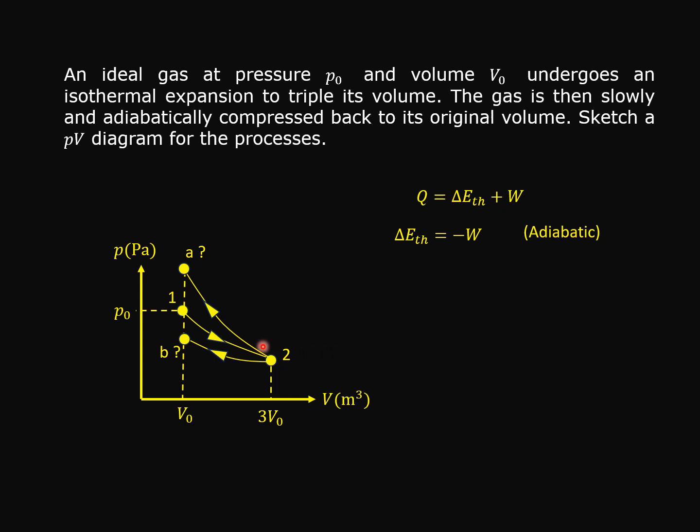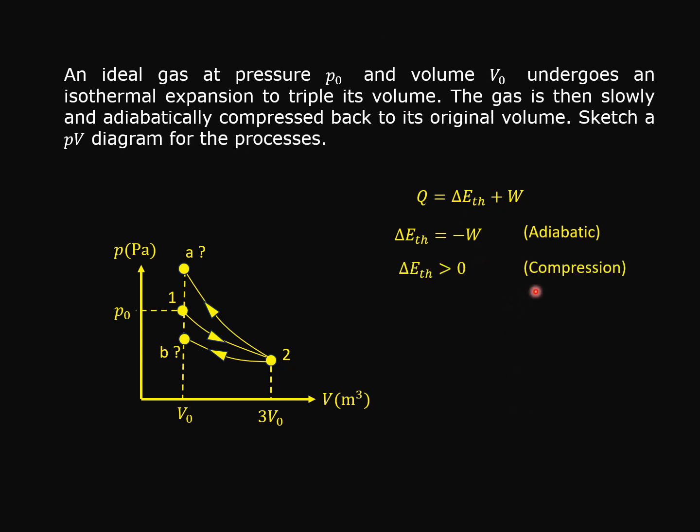Since the second process we consider in this question is adiabatic, Q by definition is equal to 0. So now we have the internal energy change equal to the negative of the work done by the gas.